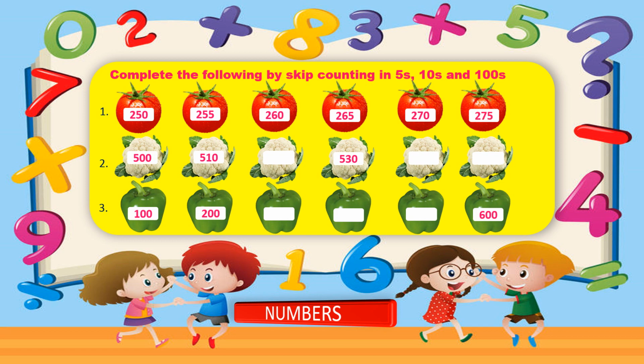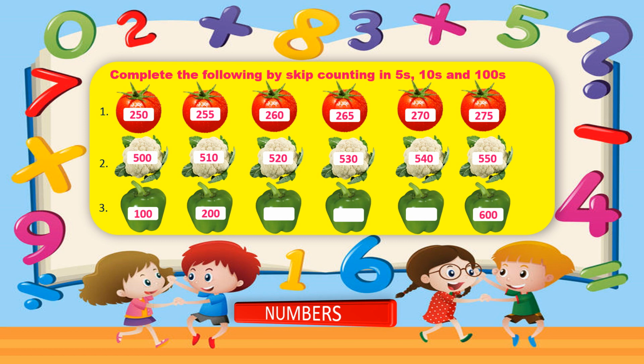And the last missing number is 275. In the second row, the numbers are skip counted in tens. 500, 510. Then the missing number is 520. Then 530. The missing number is 540. And the last missing number is 550.